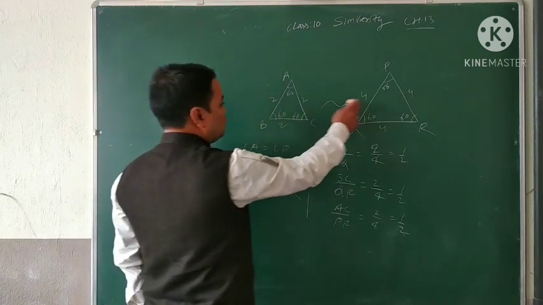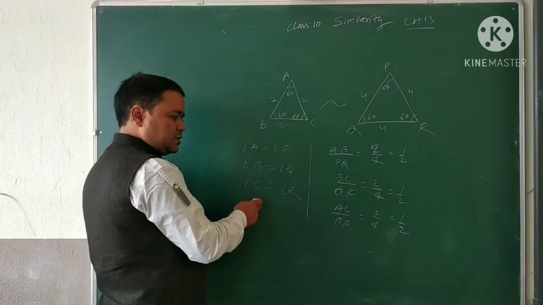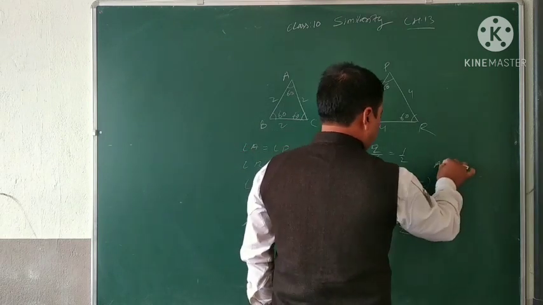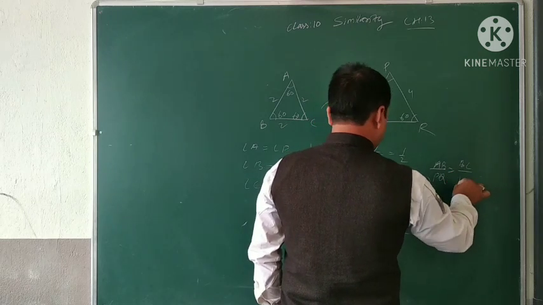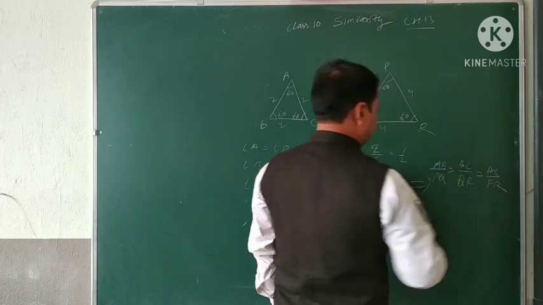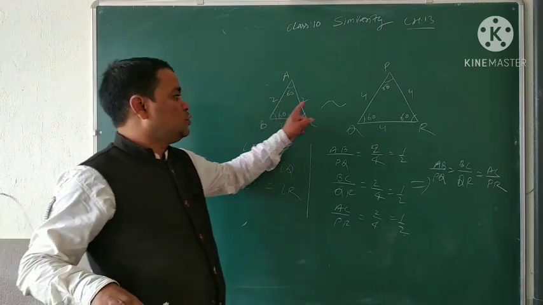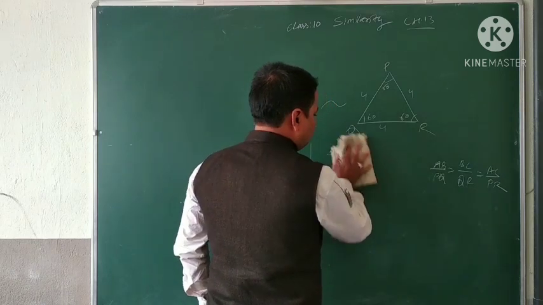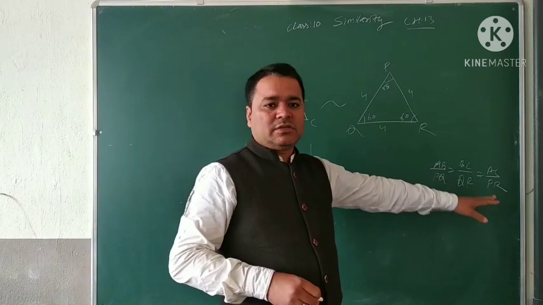It means if two triangles are similar, then they will satisfy this condition as well as this condition. On the basis of this, we can write AB upon PQ is equal to BC upon QR is equal to AC upon PR. It means finally we can say if two triangles are similar, then corresponding angles will be equal and the ratio of their corresponding sides are also equal.